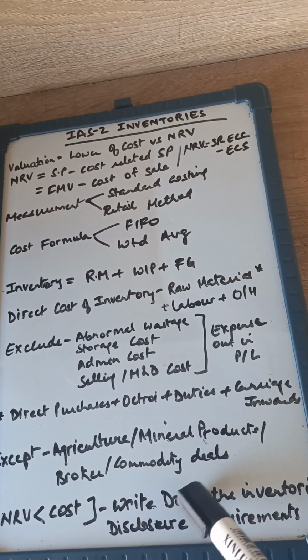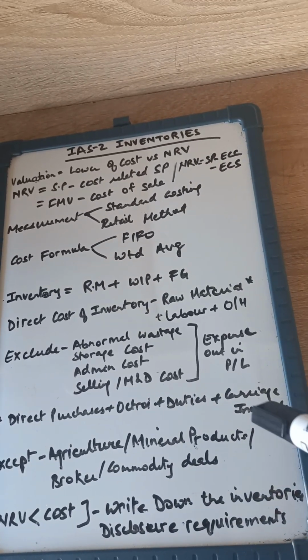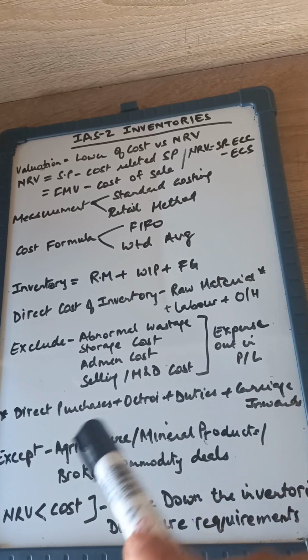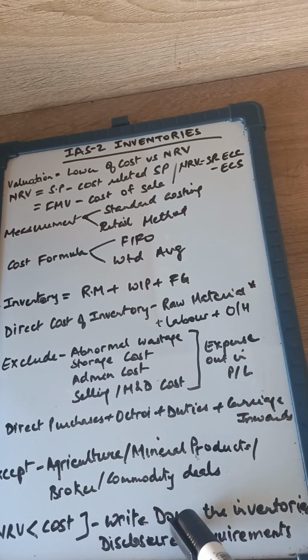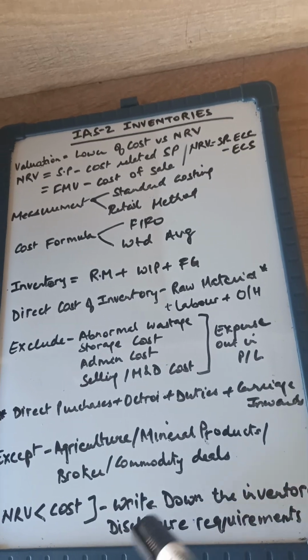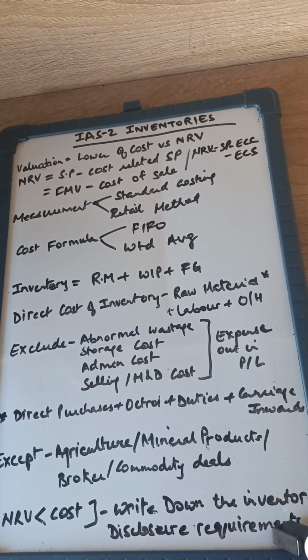There is a write down provision that is to be done in the profit and loss account. This will be the hit to your profit and loss statement. So NRV, at a time when it is lower than cost, you write down the inventories and specific disclosure requirements are needed in such cases.